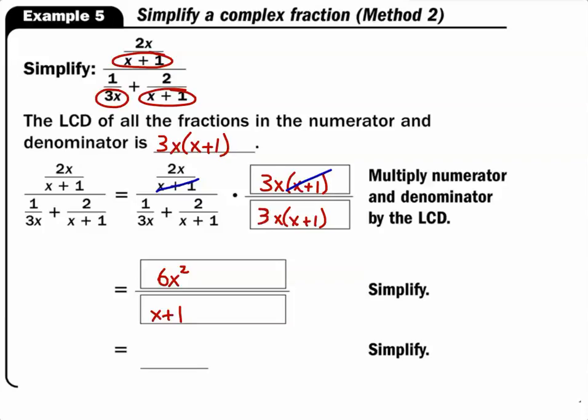The second term, which is the 2 over x plus 1, that also multiplies by that 3x times x plus 1. And in this case, the x plus 1's cancel, and so the 2 times the 3x, and that makes 6x.